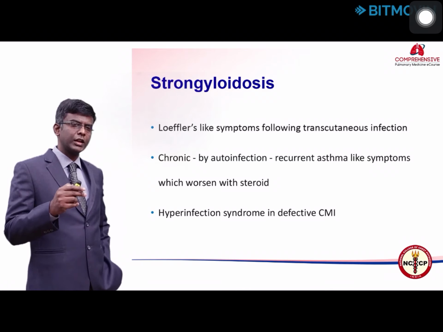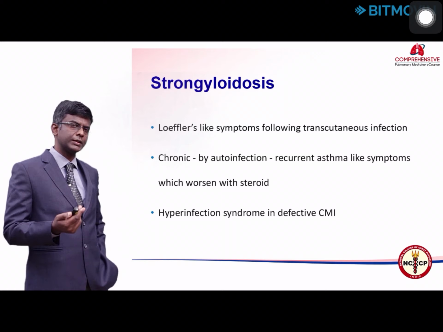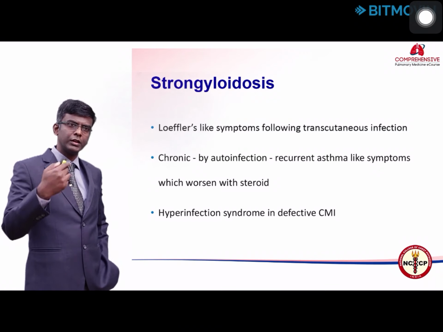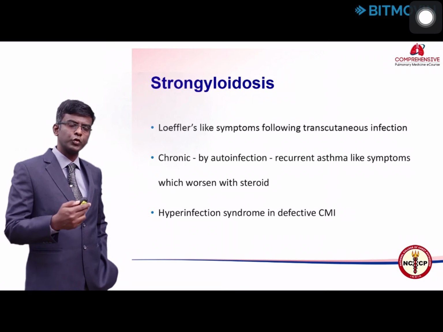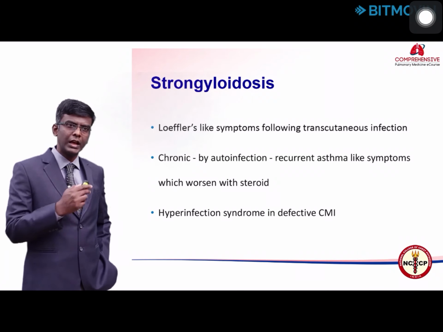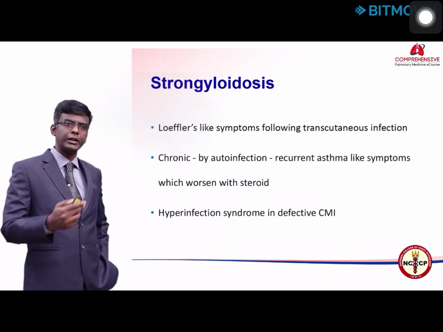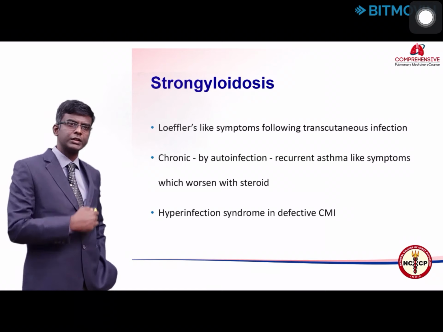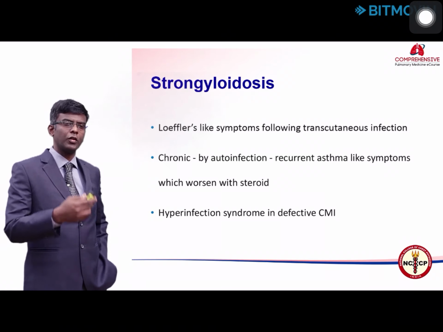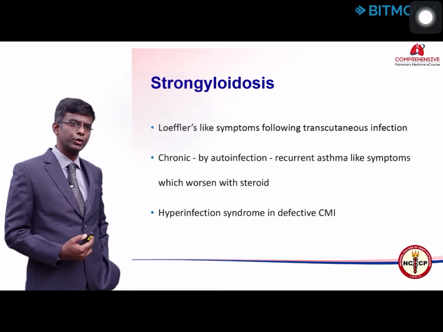The peculiarity about this larvae is that it can cause autoinfection. The rhabditiform larvae can change into the filariform larvae in the same host, in the GI tract of the same host, and this filariform larvae can penetrate the mucosa and re-enter the bloodstream, and that perpetuates a cycle of autoinfection causing what is called hyperinfection syndrome.